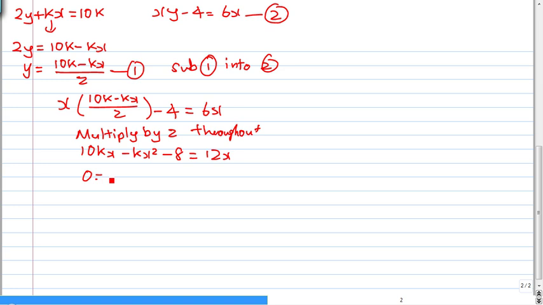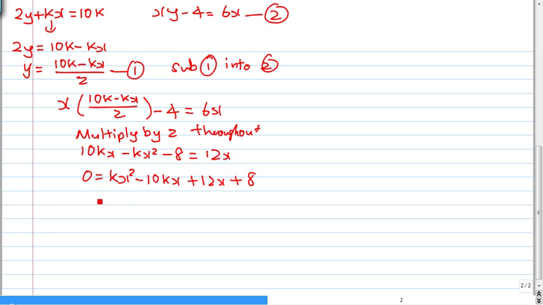You get 0 equals kx squared. Negative kx squared, you bring it to the right hand side, will give you kx squared. 10kx, bring it to the right hand side, will give you minus 10kx. Plus 12x minus 8, bring it to the right hand side, will give me positive 8.